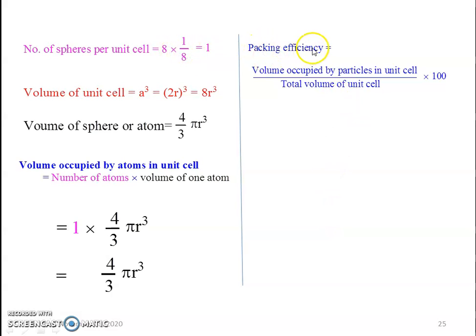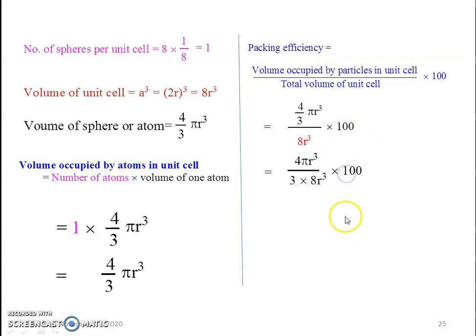Now what is the formula for packing efficiency in percentage? It is equal to volume occupied by particles in unit cell upon total volume of unit cell into 100. We know the total volume of the unit cell is 8r cube, and the volume occupied by the particle in the unit cell is 4 by 3 pi r cube. So packing efficiency is equal to 4 by 3 pi r cube upon 8r cube.